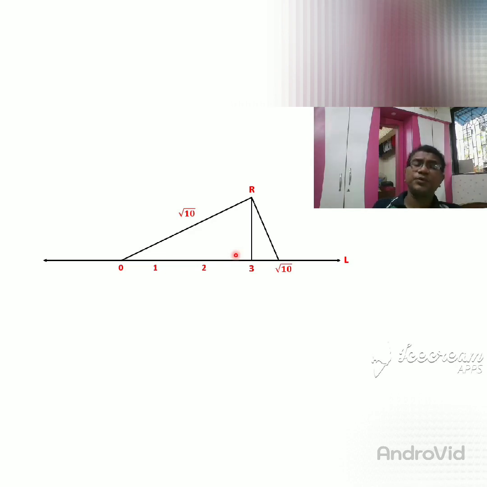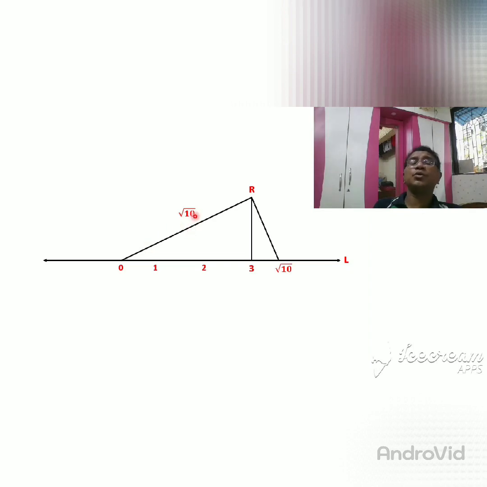Hypotenuse RO: RO square is equal to OA square plus RA square. OA is 3, square is 9. RA is 1, square is 1. 9 plus 1 is 10. Taking the square root, OR is equal to root 10.